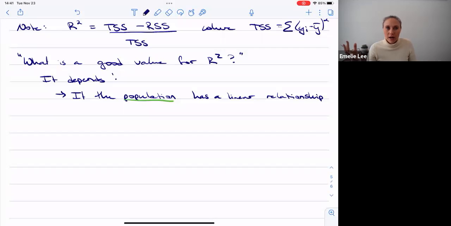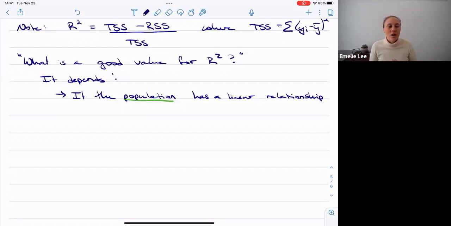Some people might cry if they get anything less than 90%, because they're so used to seeing these high R squared values. And then you go to biology, and in biology, they're jumping for joy if they get an R squared of 30%. We win. So it totally depends on what population you're pulling from.